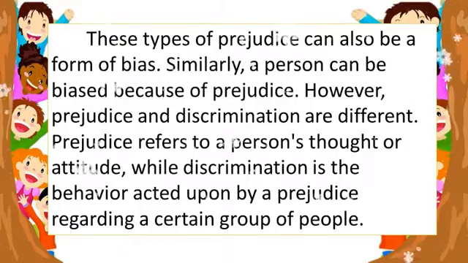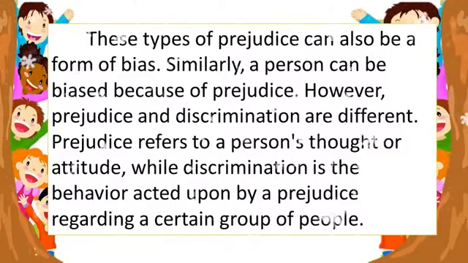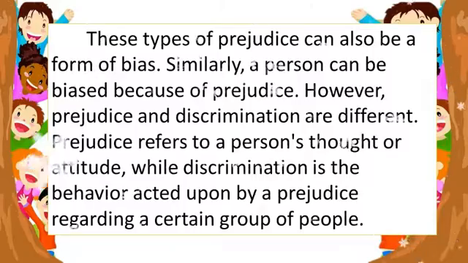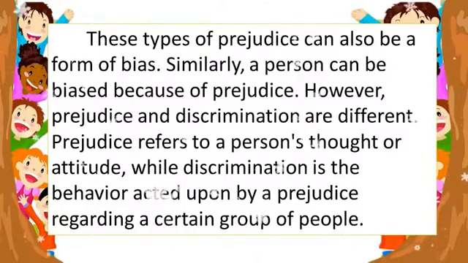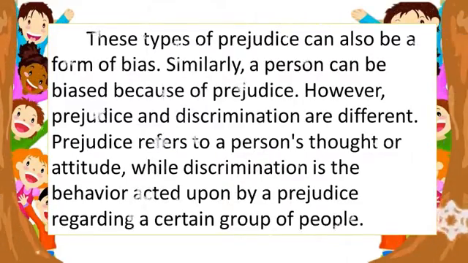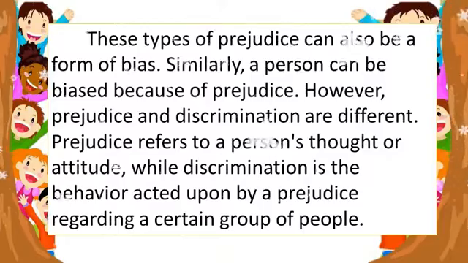So to clarify the confusion between bias and prejudice, bias is based on the person's attitude or thought, while discrimination is the behavior acted out. If we translate it in Tagalog, ang bias ay base lamang sa kung ano ang iyong iniisip at attitude.